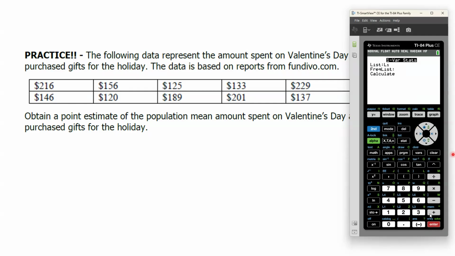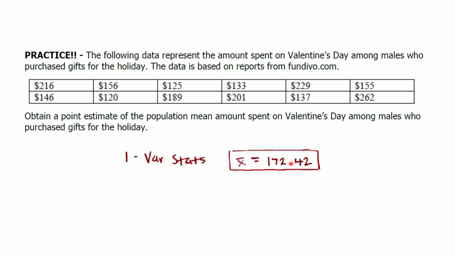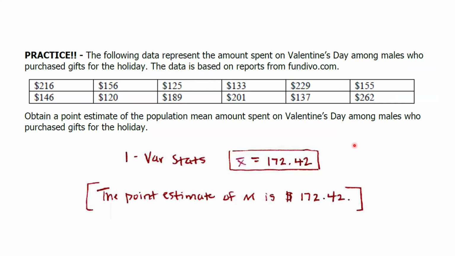So press enter. Our data is in list 1. So then we're going to go to calculate, and we're going to look at x bar right here. So 172.41666667. Okay. So our sample mean is going to be 172.42. So that means the point estimate for mu is $172.42.